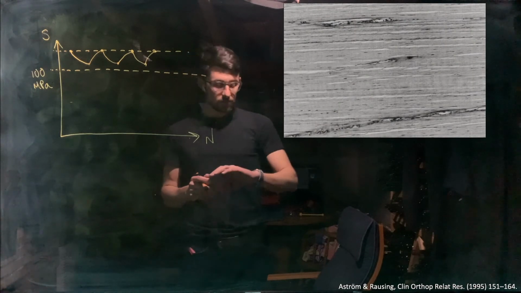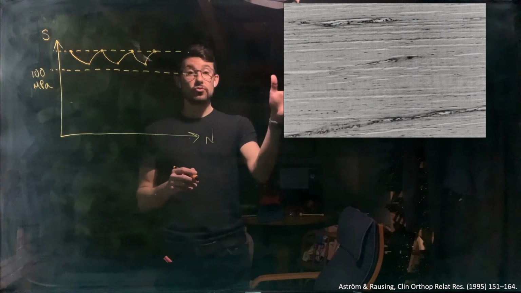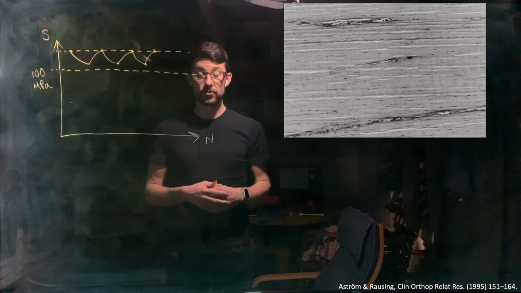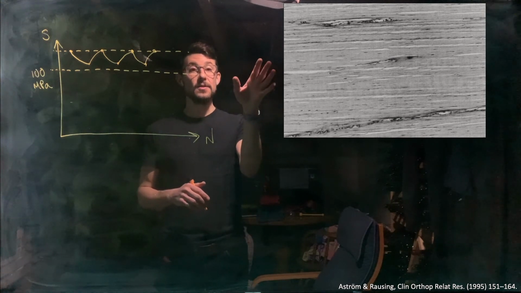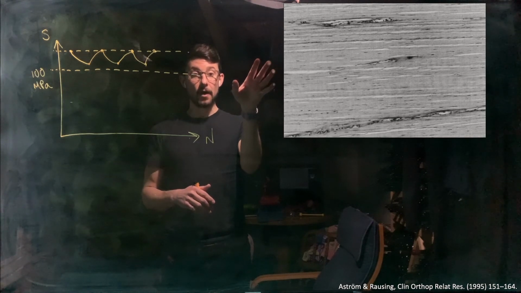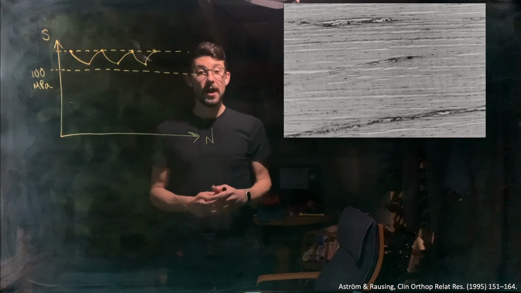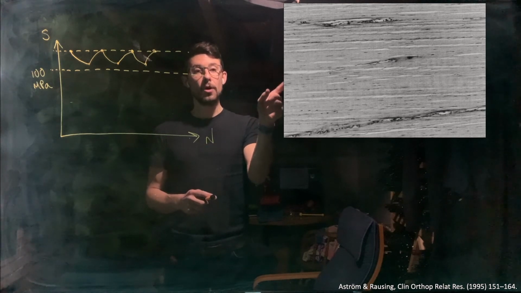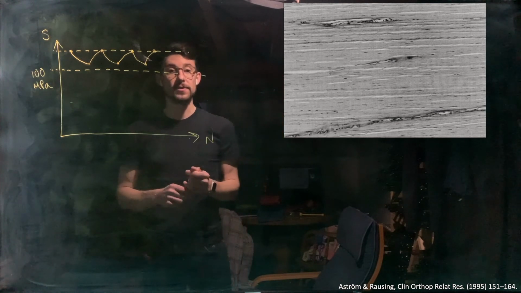So let's look at the structural change in tendinopathy, or some of the structural changes. Here's a micrograph of normal collagen, and you can see little black elongated dots throughout the structure.